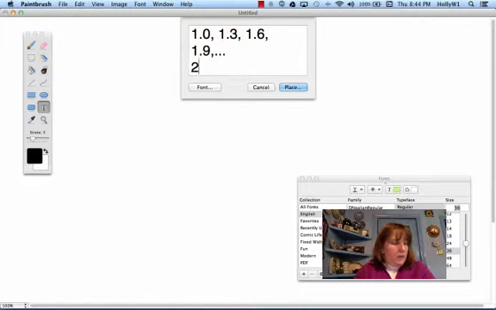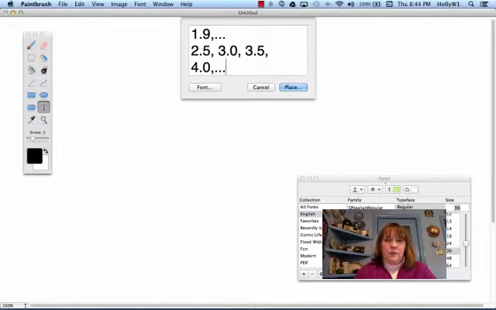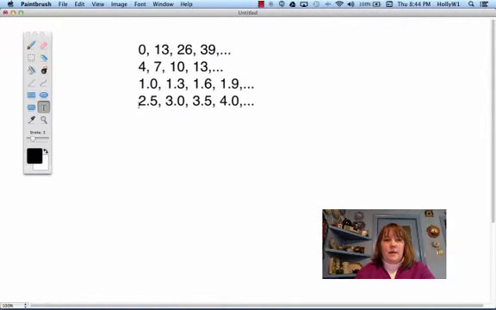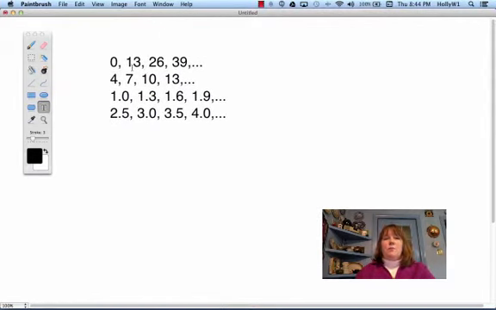The one after that is 2.5, 3, 3 and 5 tenths, and 4. Okay, so pause the video and determine how to get from one to the next and the next 3 terms in that sequence. So pause the video and try them out yourselves.